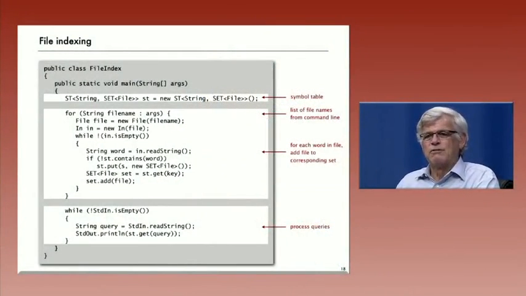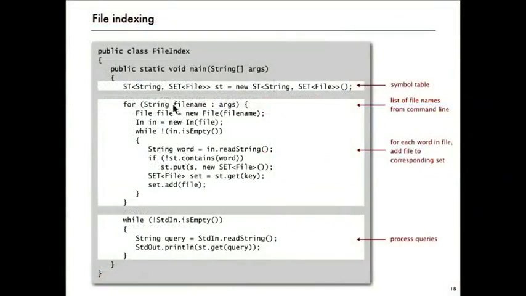Here's the implementation of file index using our symbol table implementation. So now we're going to build a symbol table that associates string keys with sets of files. So this creates a new symbol table associating string keys with sets of files. So first thing we do as before is build the index.